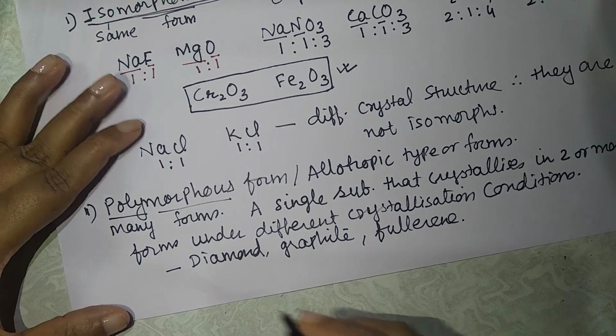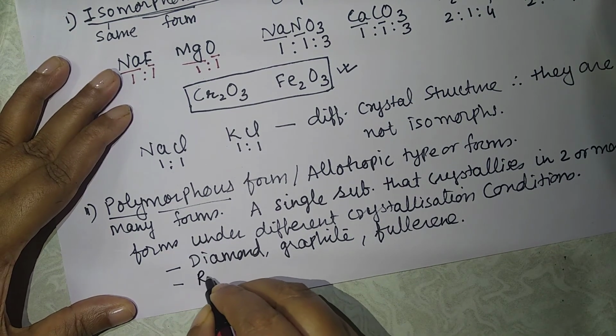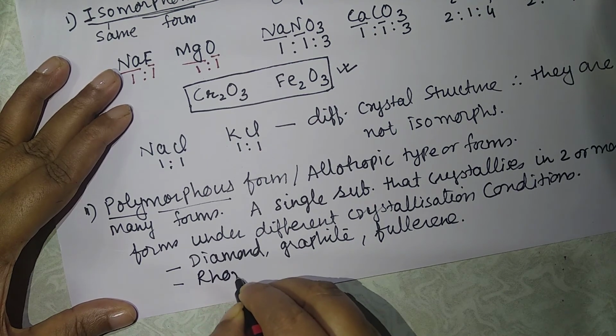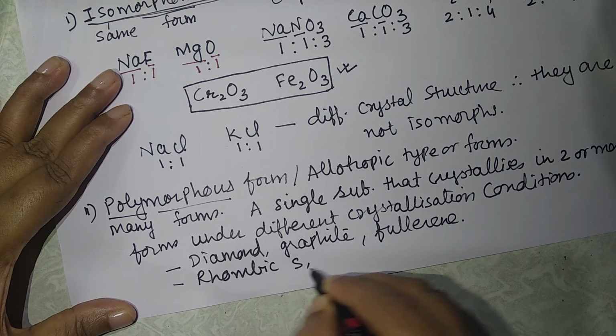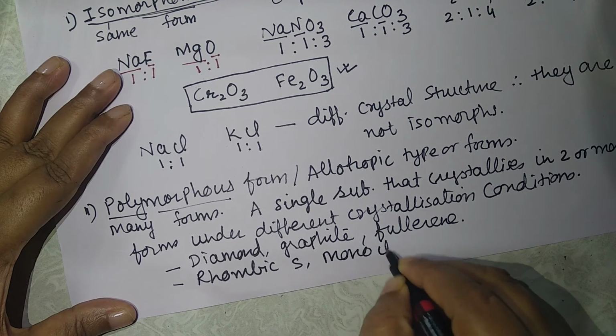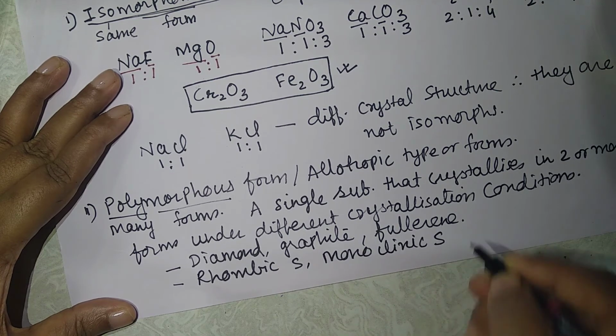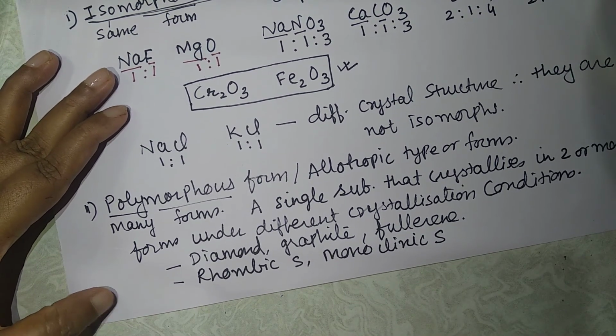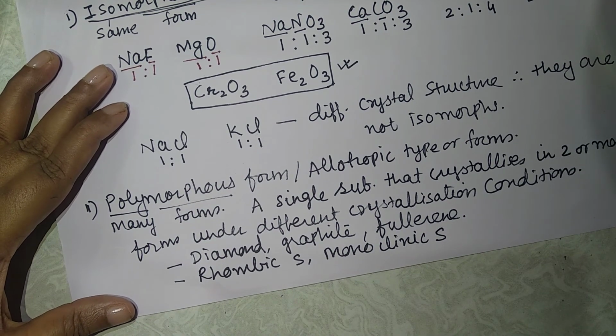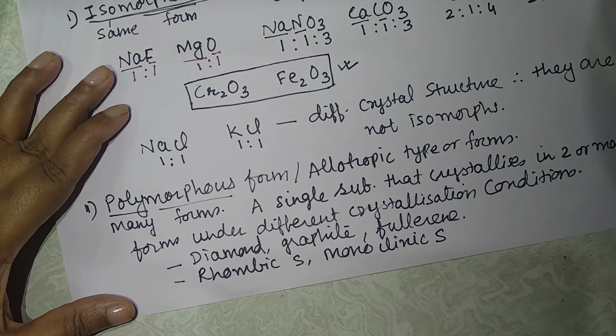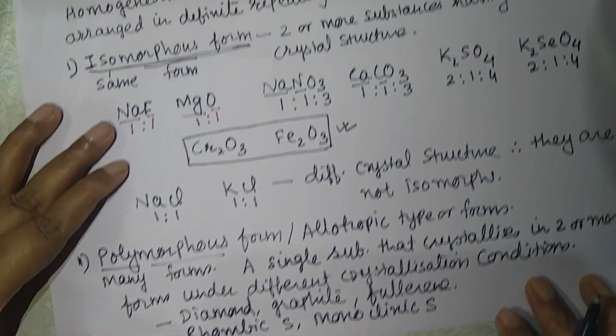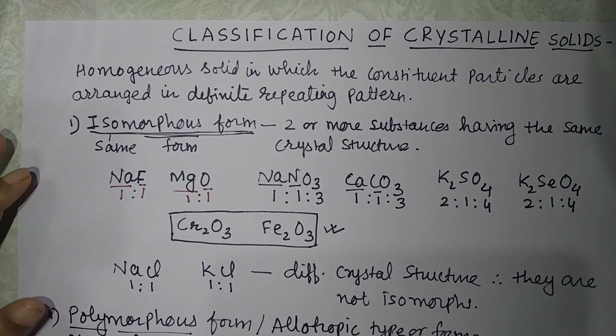Next, you can have rhombic sulfur and monoclinic sulfur. They are also the allotropes of sulfur. You can have silicon dioxide and calcium carbonate, which also have allotropic forms. So how can I classify crystalline solids?